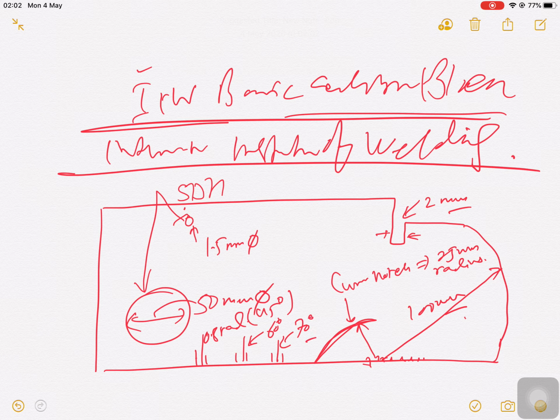So this is for angle calibration. All of this is known as the IIW, International Institute of Welding, Basic Calibration Block. You must know where you are going to use it, how you are going to calibrate, for what purpose, and what the angle is. So you must be aware of that. That's why I took these topics for you guys.